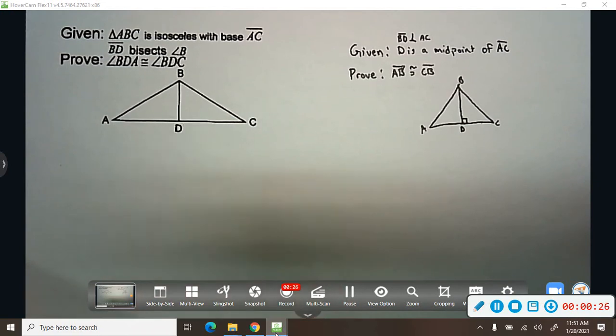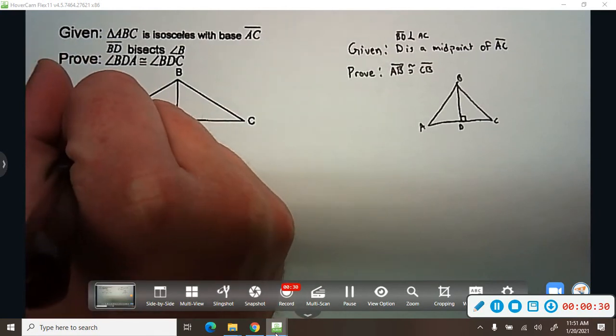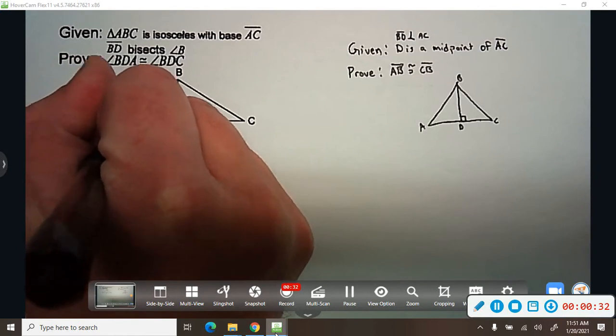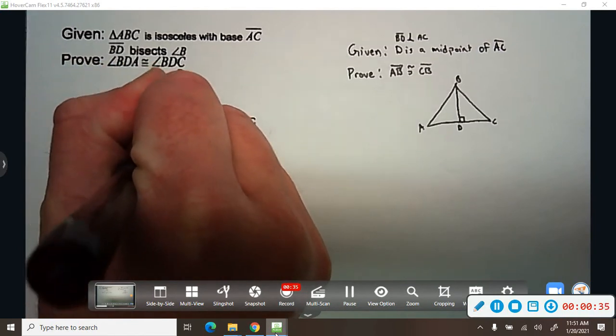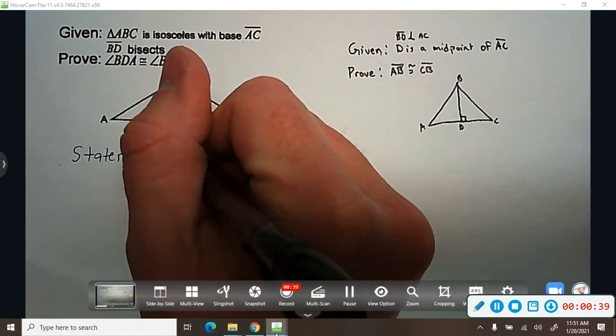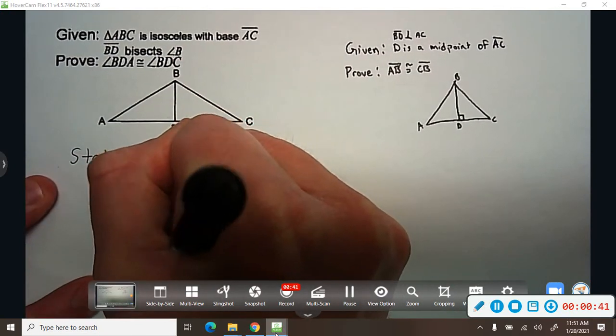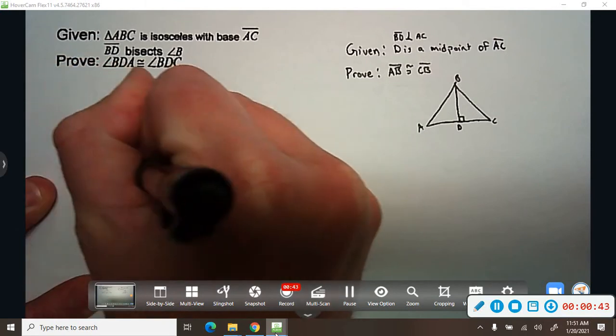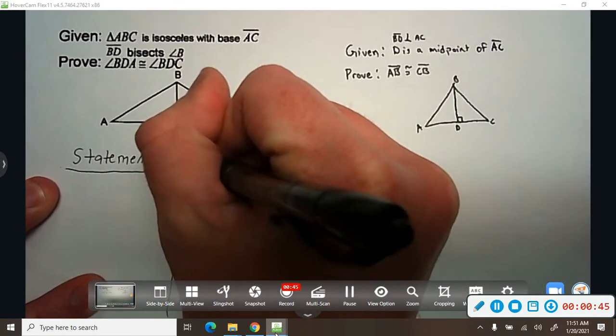And so the first step when you're doing a proof is you make a little table and you say statements, usually more than one, and then what are the reasons? Why is that true?